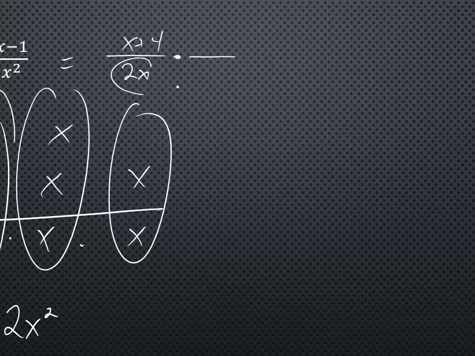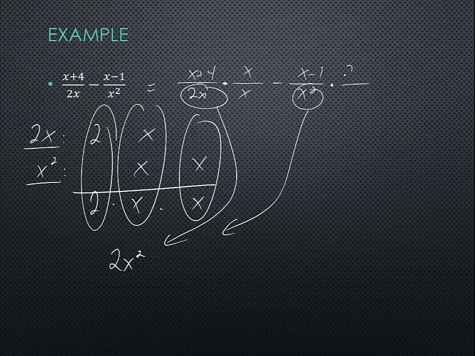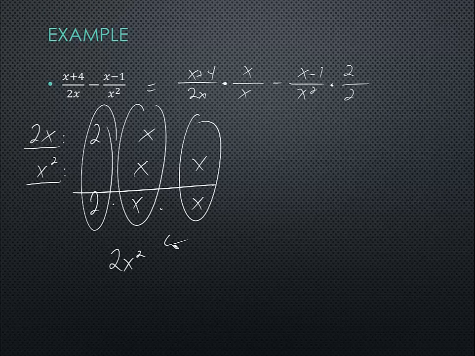what is this denominator missing that's in our LCD? It's missing a second x. So multiply by x. Minus x minus 1 over x squared times a fraction. What is this denominator missing that's in our LCD? It's missing a 2. So multiply by 2. So then go ahead and rewrite your equation.